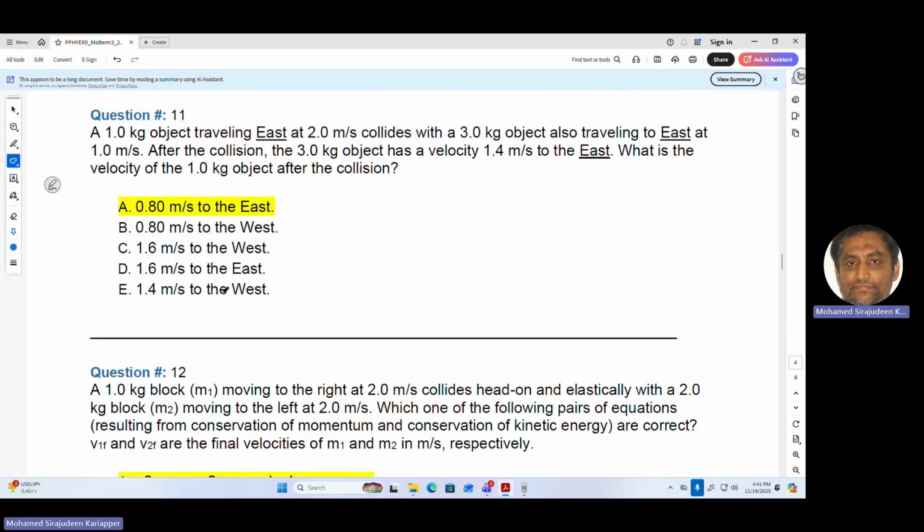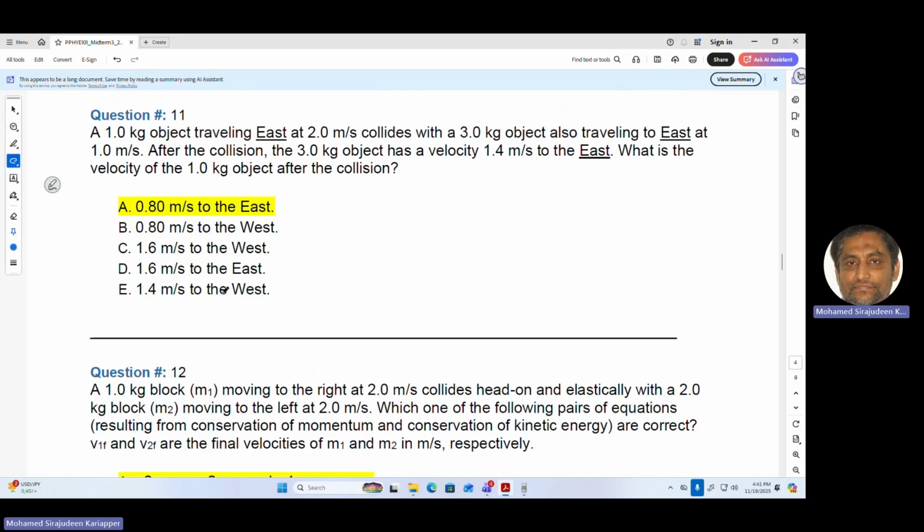Because he is giving M1, M2, V1I and V2I. And he is also giving V2F. So the only thing not given is V1F. So there is only one unknown, and the conservation of momentum equation is enough for us. We don't know for sure whether it is elastic or inelastic. Why is it V1F?